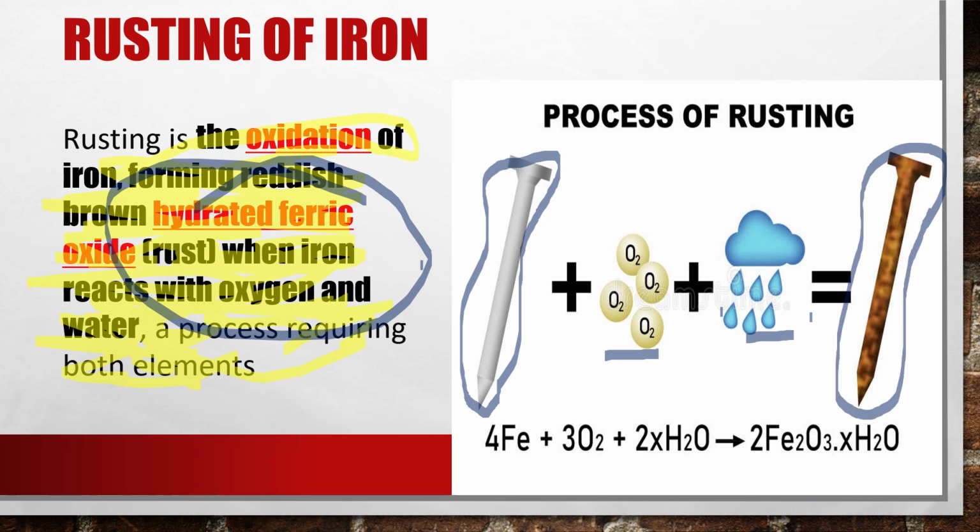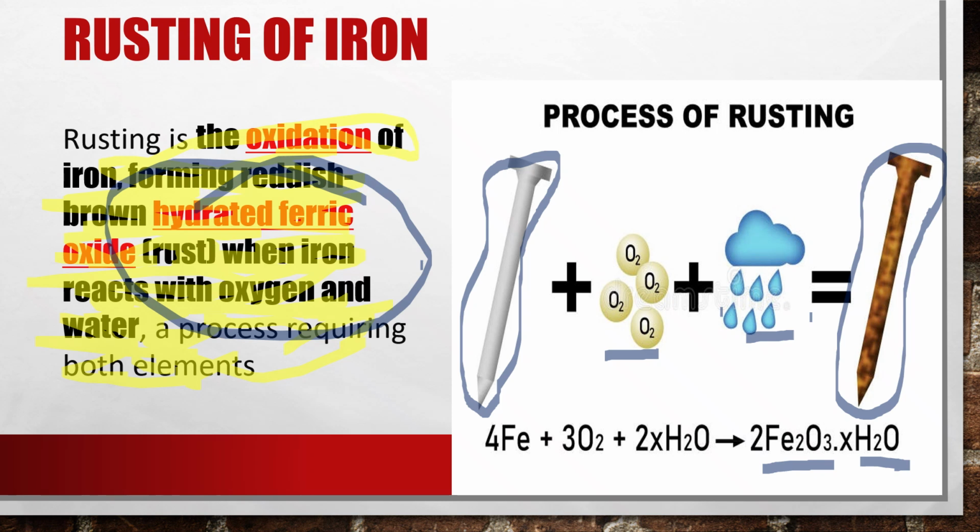So this is called rusting. Okay, here Fe2O3, this is ferric oxide, and XH2O means depends on the humidity. Whatever the water molecules are there, you have to write only those water molecules, but generally we write X depending on the humidity of the atmosphere.